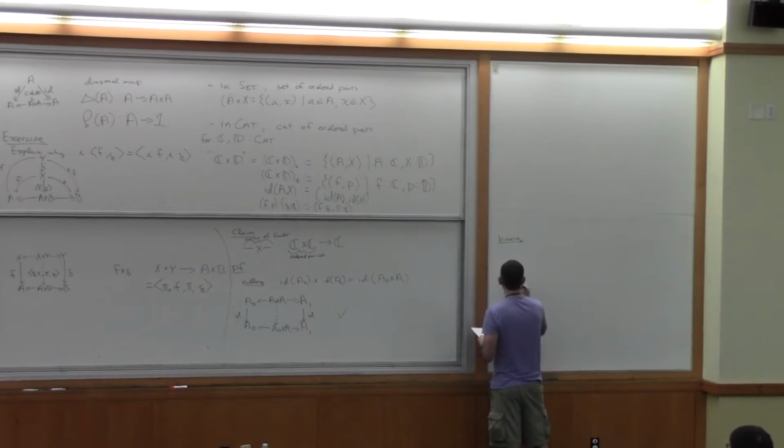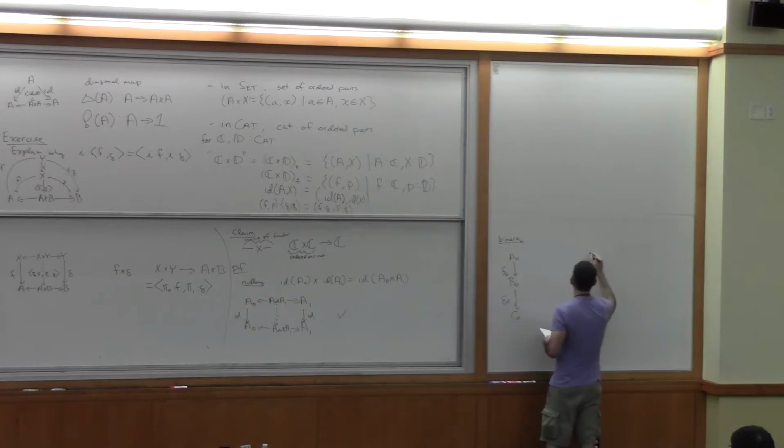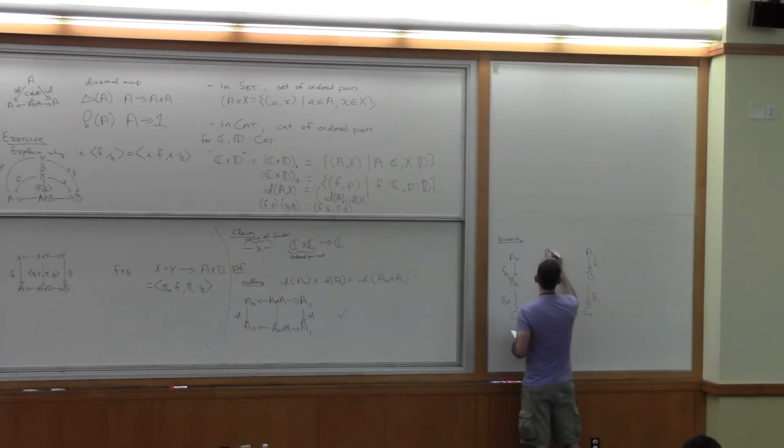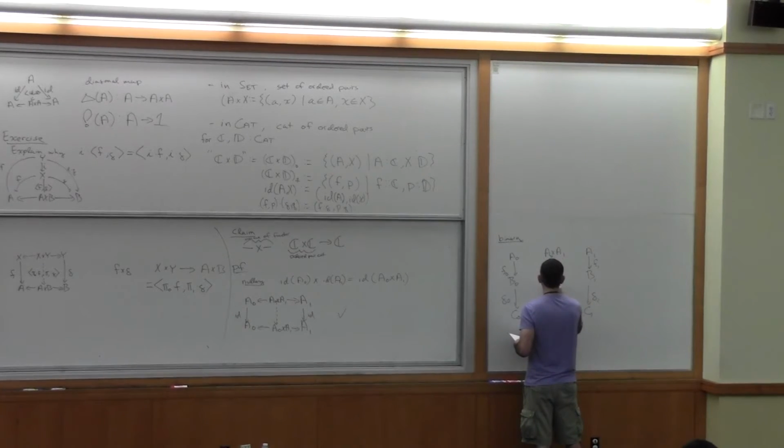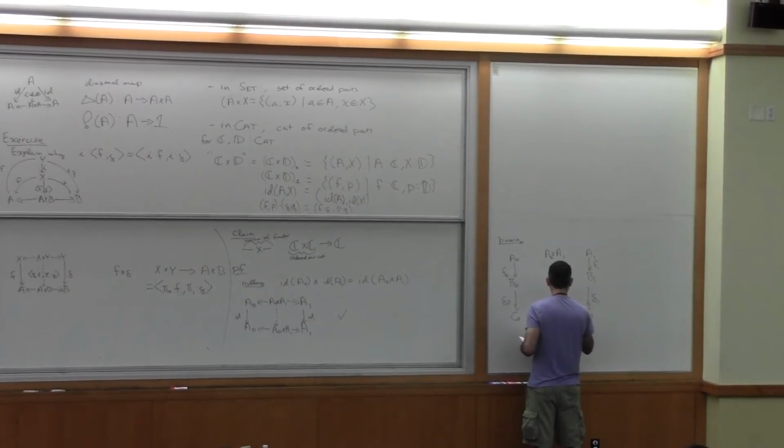So if I have an F0 here from an A0 to a B0 and a G0 from B0 to C0, and likewise over here, I have A1, B1, and C1 with F1 and G1, and then all of the products and all of the projections.